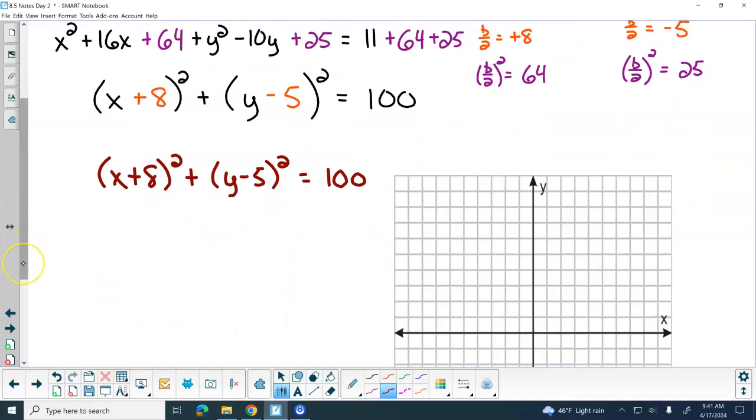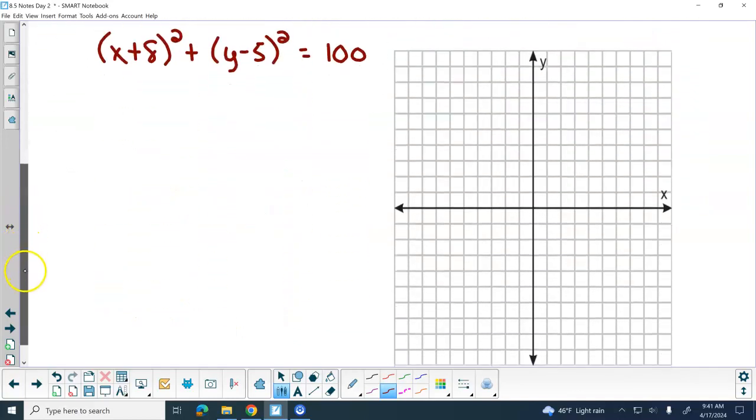Two parts of a circle that we need to find are the center, which is negative 8, 5. What's my center there? What is my radius? 10.